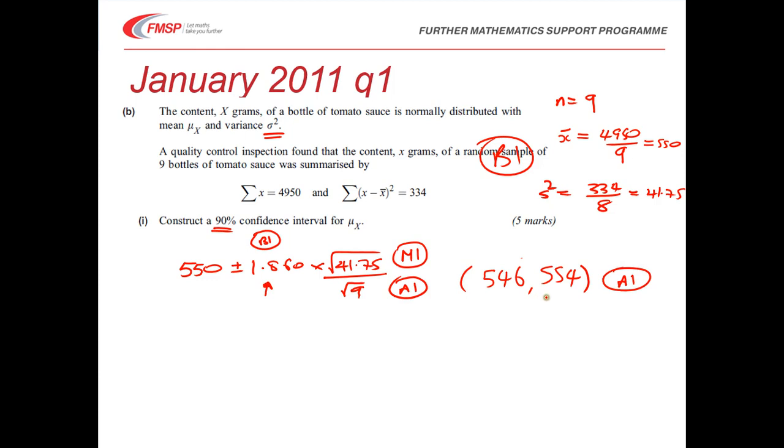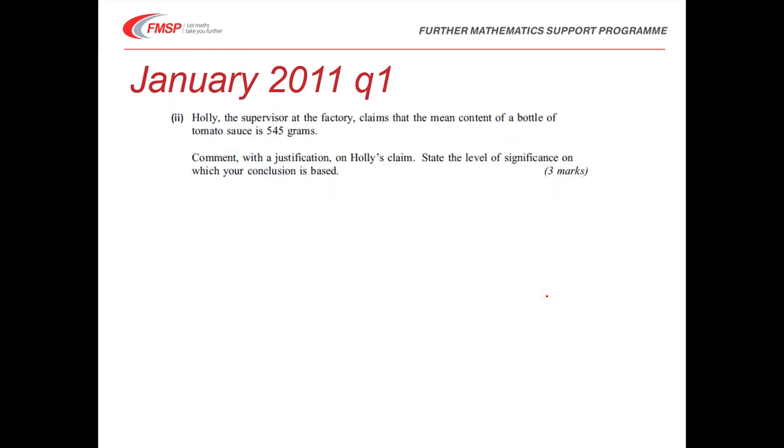Then it follows on that there's going to be some interpretation. Holly claims that the mean content of a bottle is 545, and we've got to comment on this claim. So let's look at the confidence interval of 546 to 554 that we've just found. What we can say is that the confidence interval is wholly above 545.